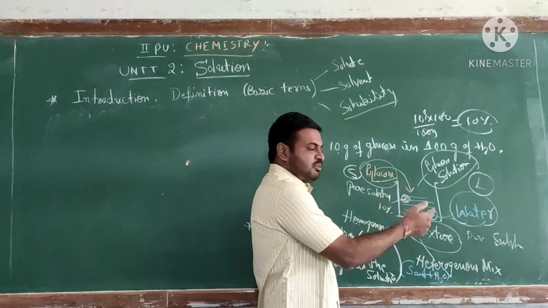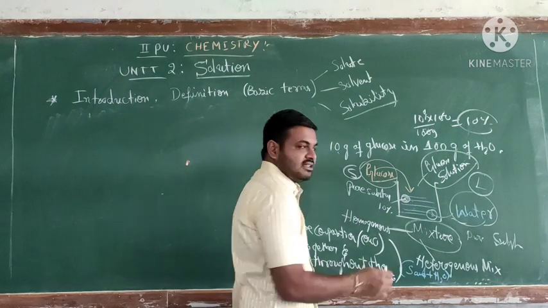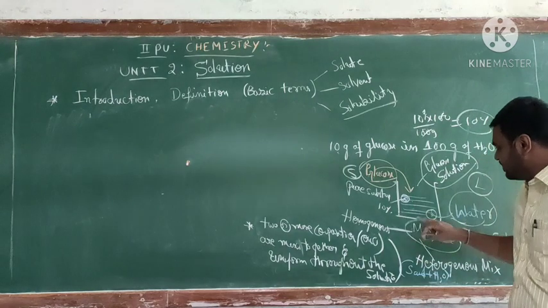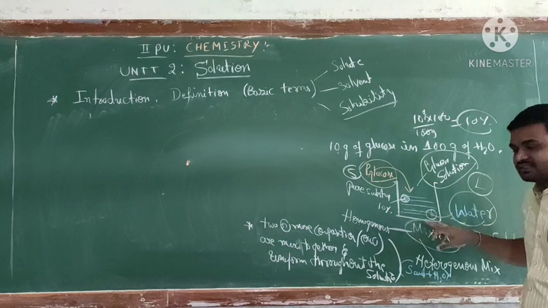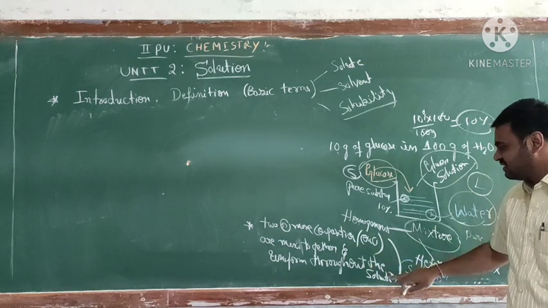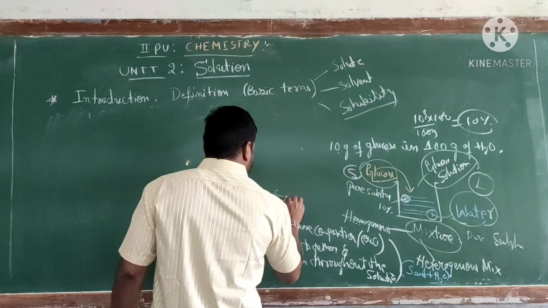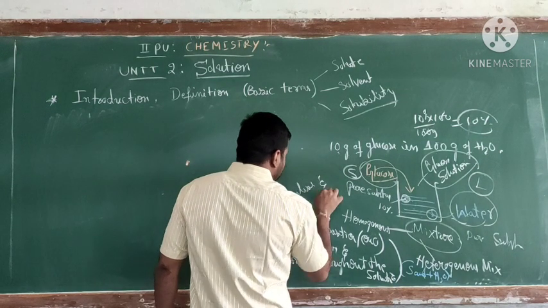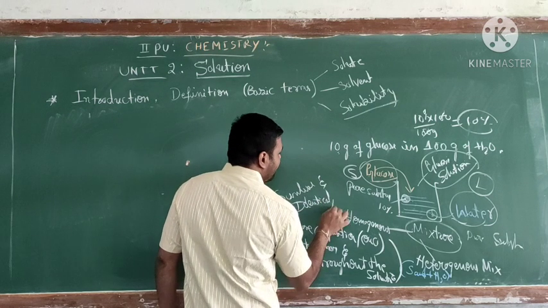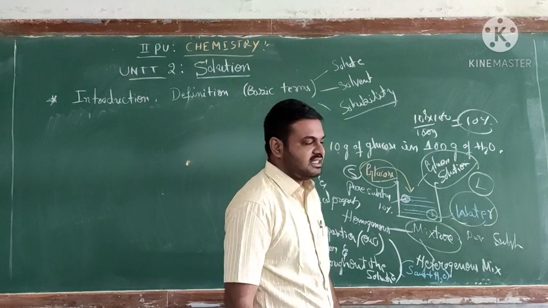If you take 1 spoon of glucose solution and taste it, it gives sweetness. The same thing, you take this portion, it also gives the same taste. The uniform concentration throughout gives similar and identical properties. This is called a homogeneous mixture.